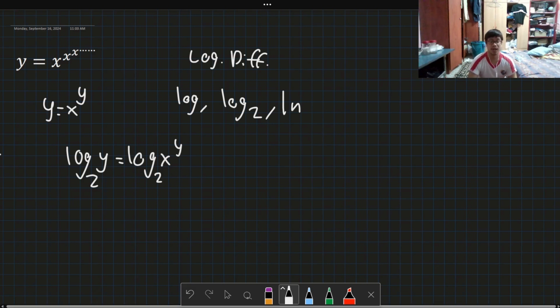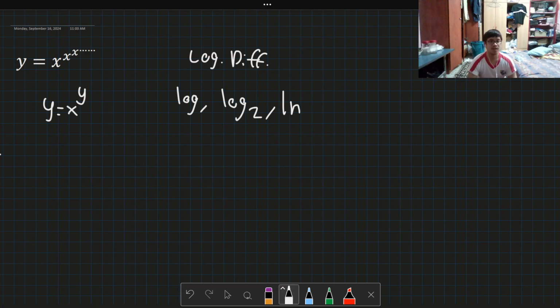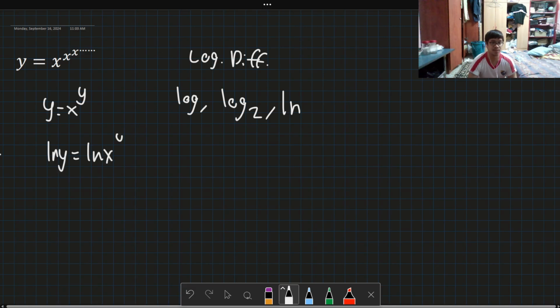In fact, this is commonly used by engineering students like myself. So instead of the common log, we can just use ln. ln of y is equal to ln of x raised to y, right? Why I pick ln, later I'm going to explain that.